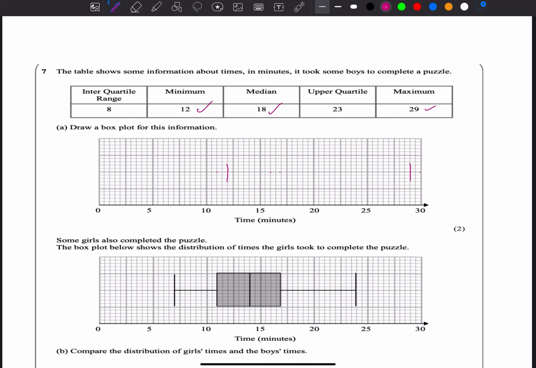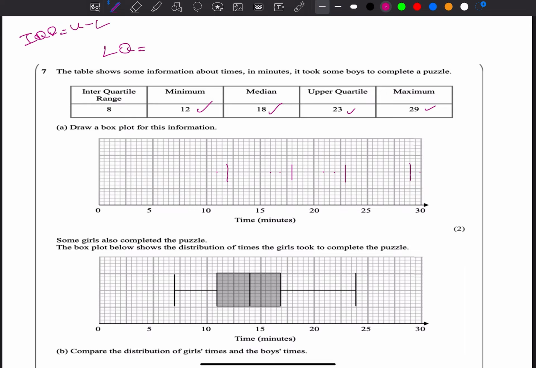A little bit nicer. There you go. The upper quartile is 23: 21, 22, 23. Okay, I need the lower quartile. In order to do the lower quartile, remember the interquartile range is your upper quartile take away the lower quartile, right?